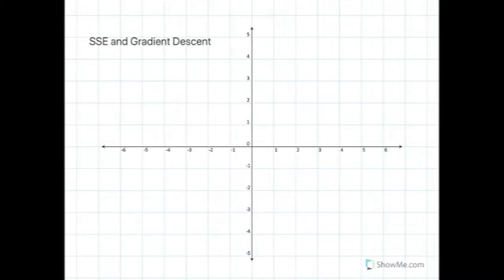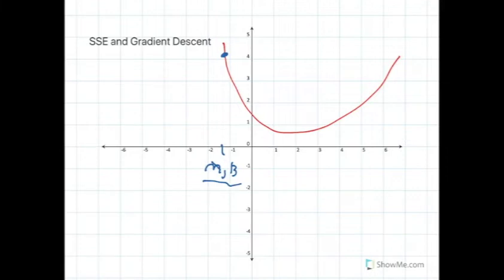You remember the concept of gradient descent was that you have some convex function, and we're going to have some starting point, like up at the top, some arbitrary starting point. This starting point for us now will have some slope, some m and b, that will be wrong, right? That will be quite wrong.